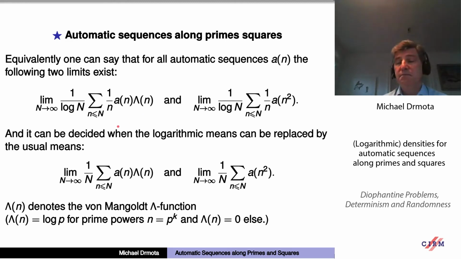An equivalent formulation of our theorem says that for all real or complex valued automatic sequences, these logarithmic averages, with weights lambda of n, or just along the squares, always exist. And we can decide whether we can replace these logarithmic means by the usual means.